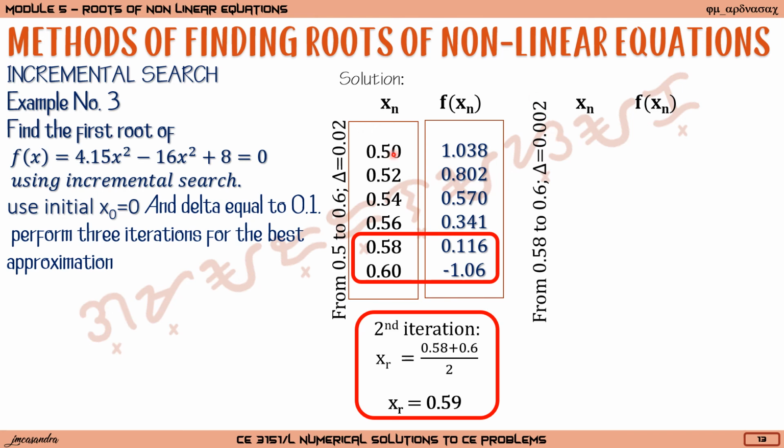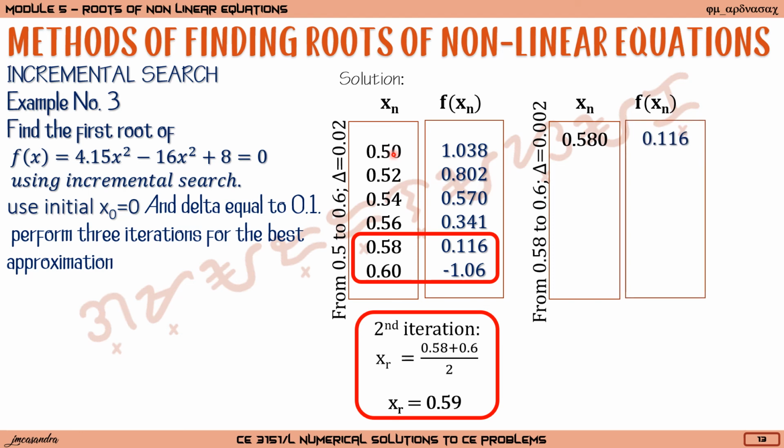So instead of 0.02, let's make it at 0.002. So our values now will be 0.58, 0.582, 0.584, 0.586, 0.588, 0.59.